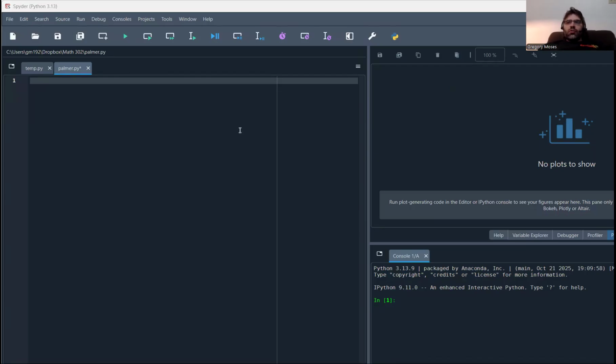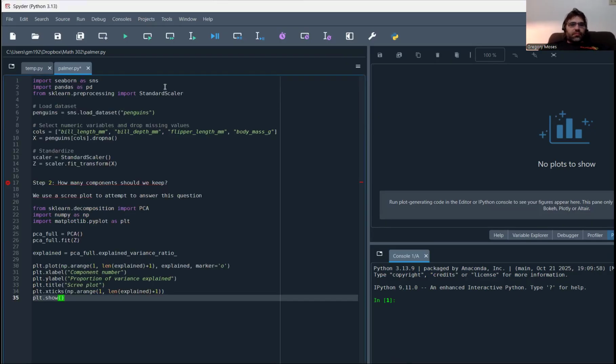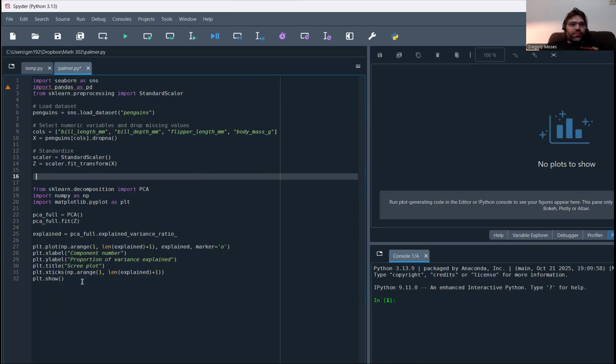So the code is all on Canvas, and there's not a lot of really new stuff here, so I'm not going to dwell on it. But since I floated the idea that we might do dimensionality reduction before any sort of k-means algorithm, let's take another look at this penguin data set. Copy and pasted straight from Canvas.